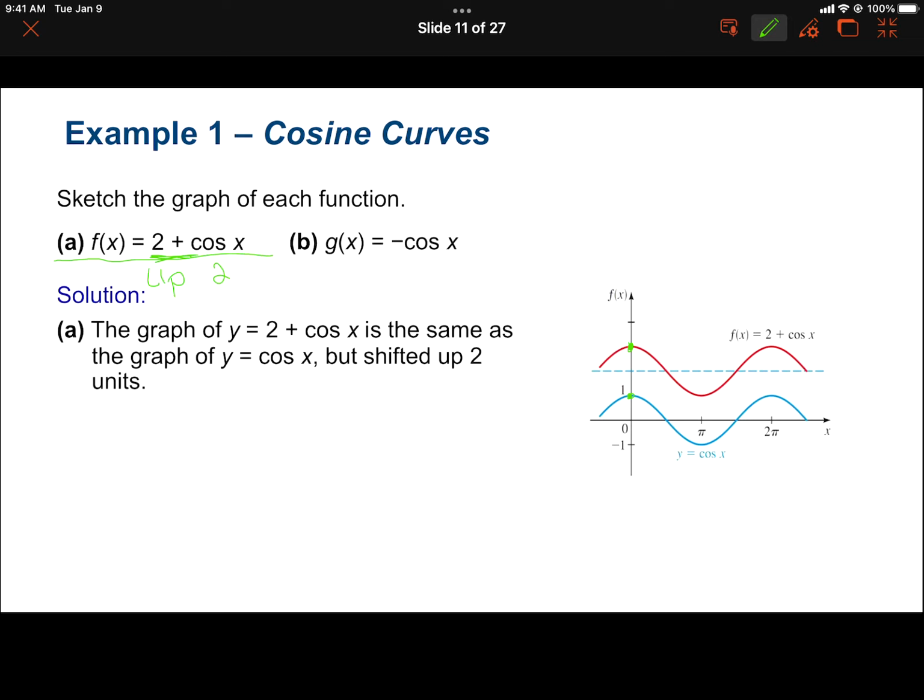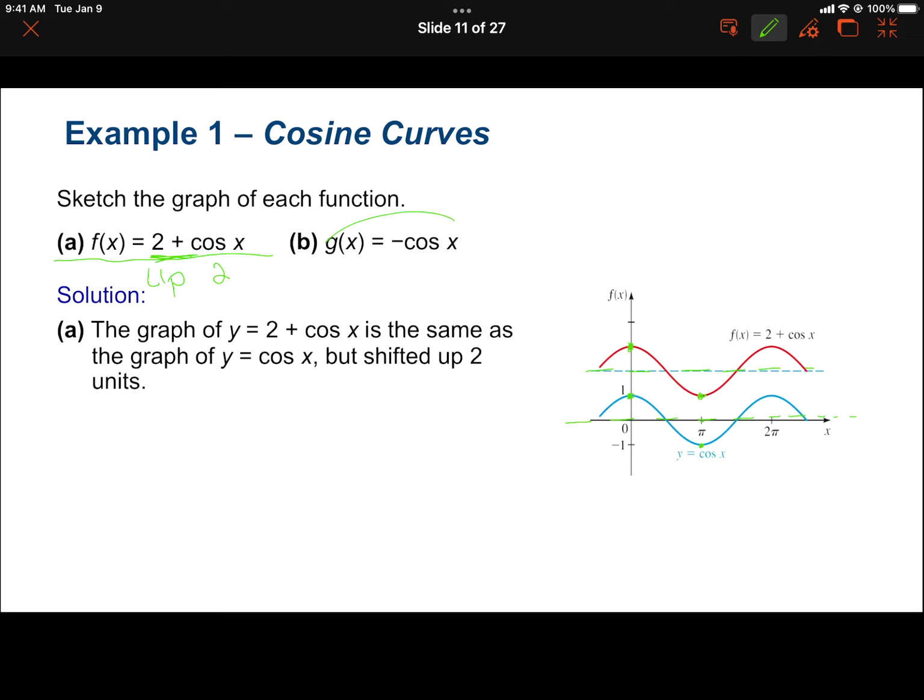So everything is just going to be moved up 2 units. I was down here at -1. I move up, I'm at 1 now because I went up 2 units. And then it's just the same curve. So think about this middle of the graph where it was at 0, has moved up 2 units at 2 right here, and then you're drawing the graph again. Okay, again, you might need to take some time and pause it.